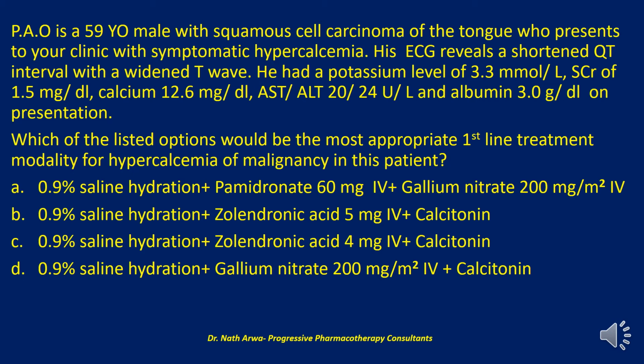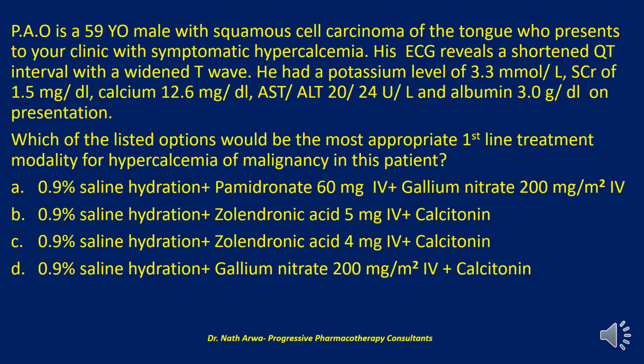He had potassium level of 3.3 millimoles per liter. His serum creatinine was 1.5. He had a calcium of 12.6, and the AST and ALT are 20 and 24 units per liter respectively, and his albumin stands at 3 grams per deciliter on presentation.